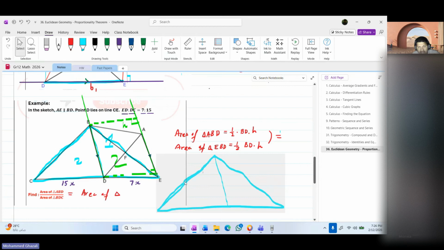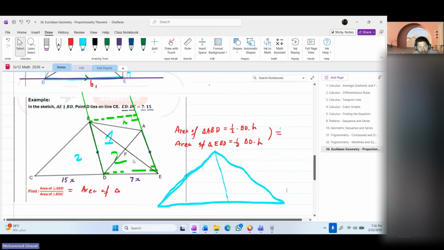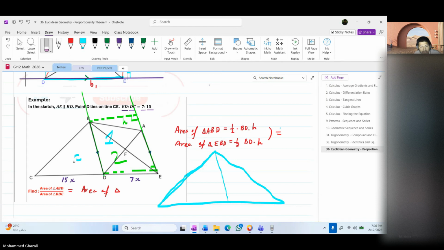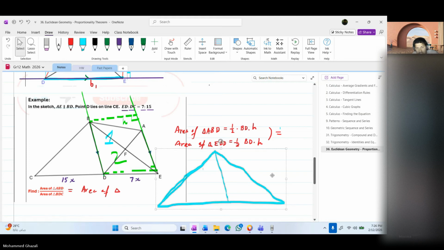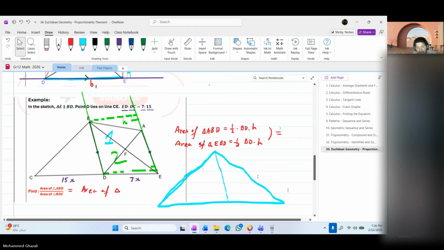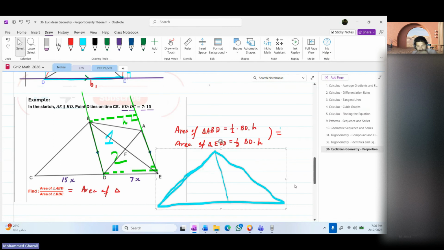I'm going to move this triangle here. I moved this entire triangle 2, the green 2, because 1 and 2 are equivalent, since they're on the same base, same height. So that's what I've done.